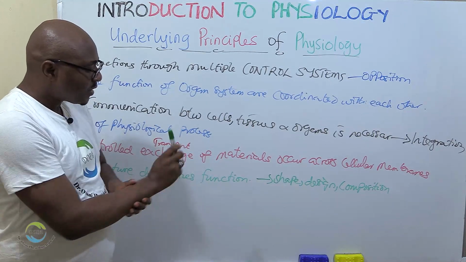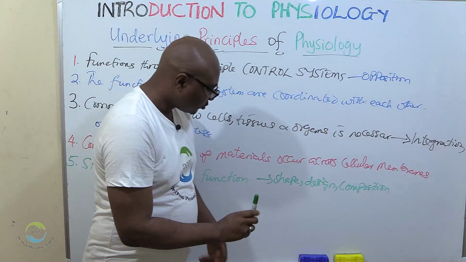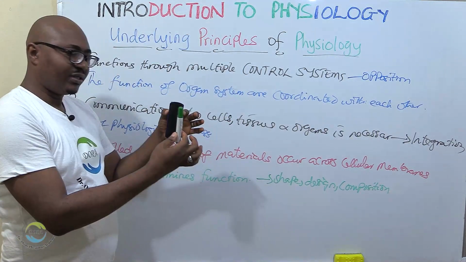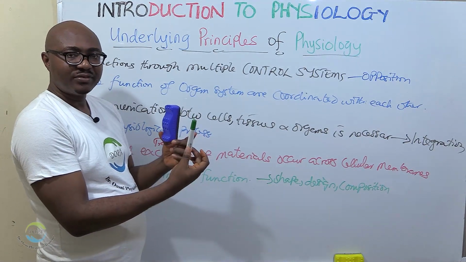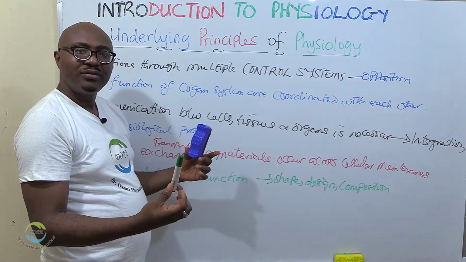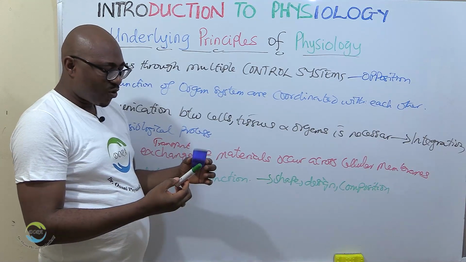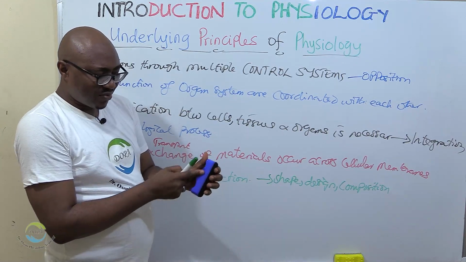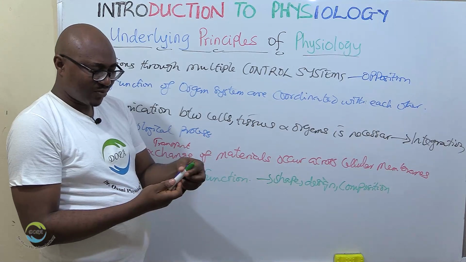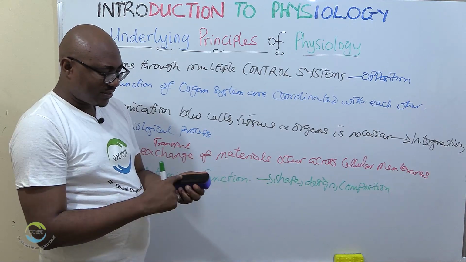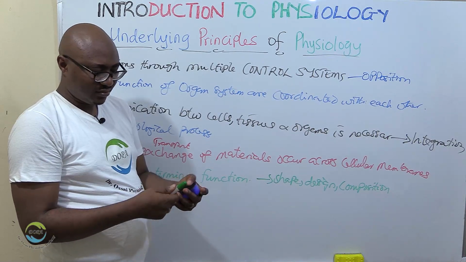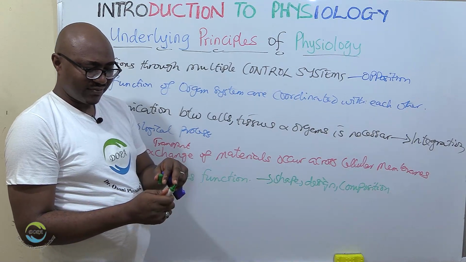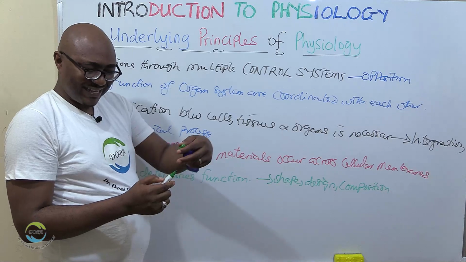Let me explain. Now, let's look at these two things. Do they have the same shape? No. The answer is no. Are they composed of the same thing? Now, this body is plastic. But look at this place. It has a different substance. It has ink.